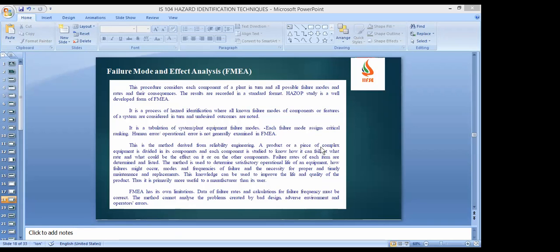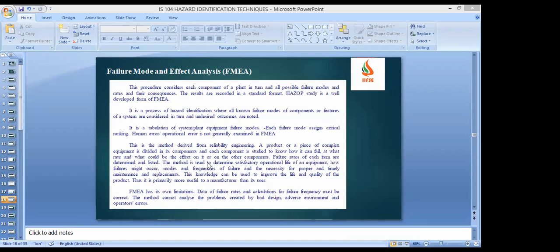A product or piece of complex equipment is divided into components, and each component is studied to know how it can fail. So if you take a car, they will study the complete parts of the car, how a specific part can fail. Then failure rates of each item are determined and also listed.